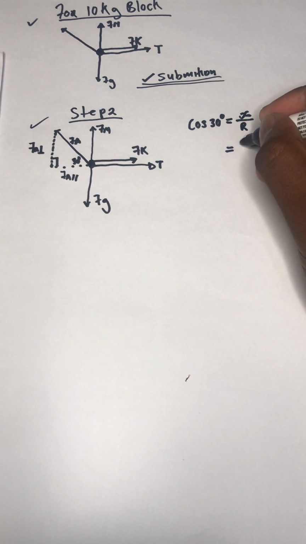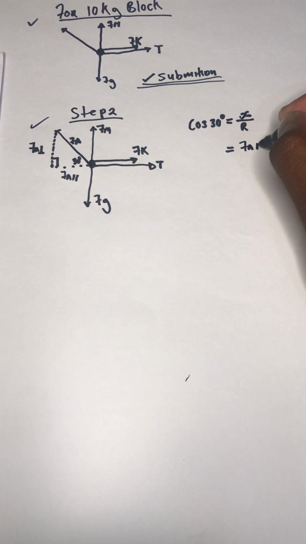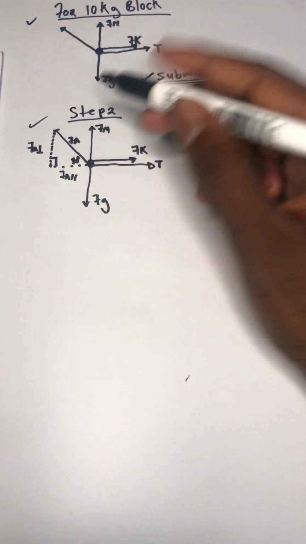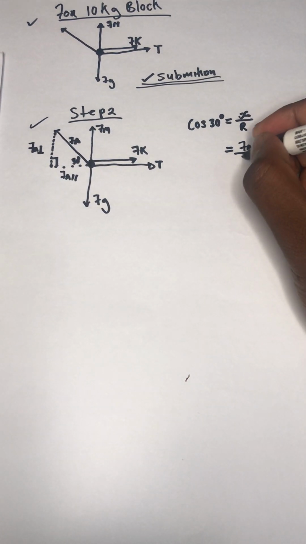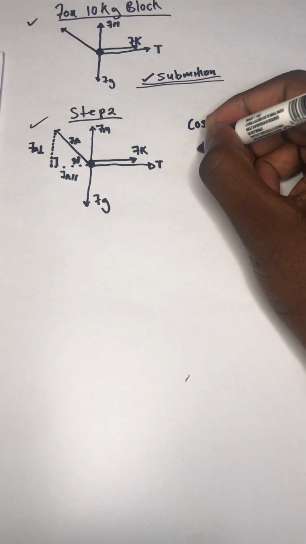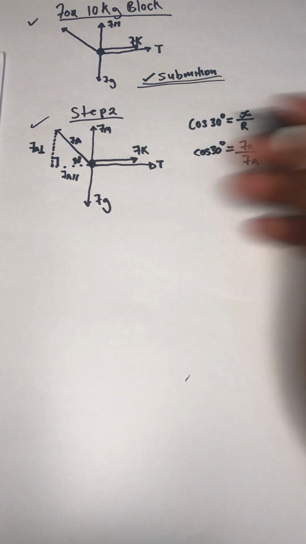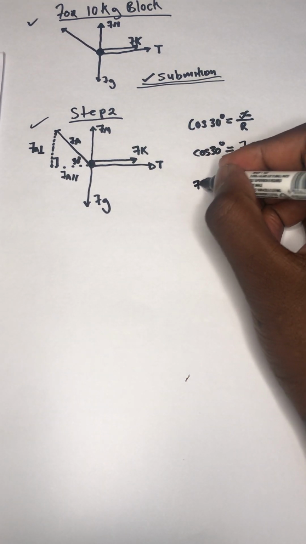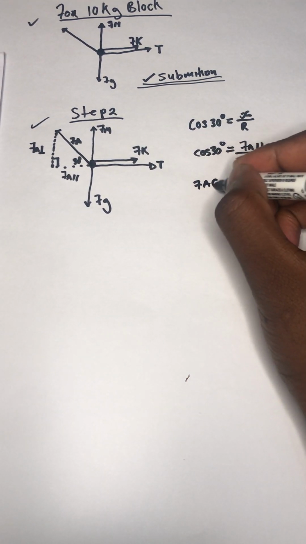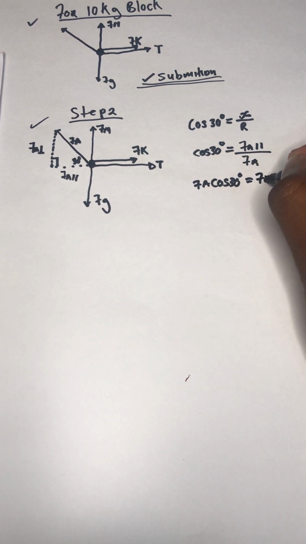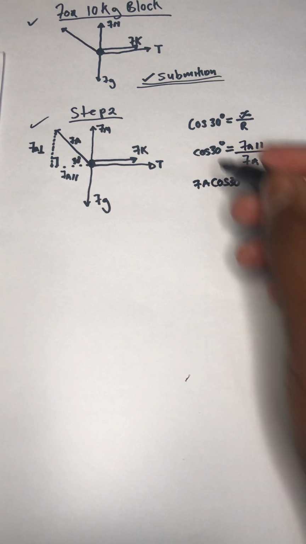Okay, so this is FA parallel over the side opposite to 90 degrees is a hypotenuse side, which is FA. So cos 30, and then we multiply by FA both sides. So this is FA cos 30 is equal to FA parallel.